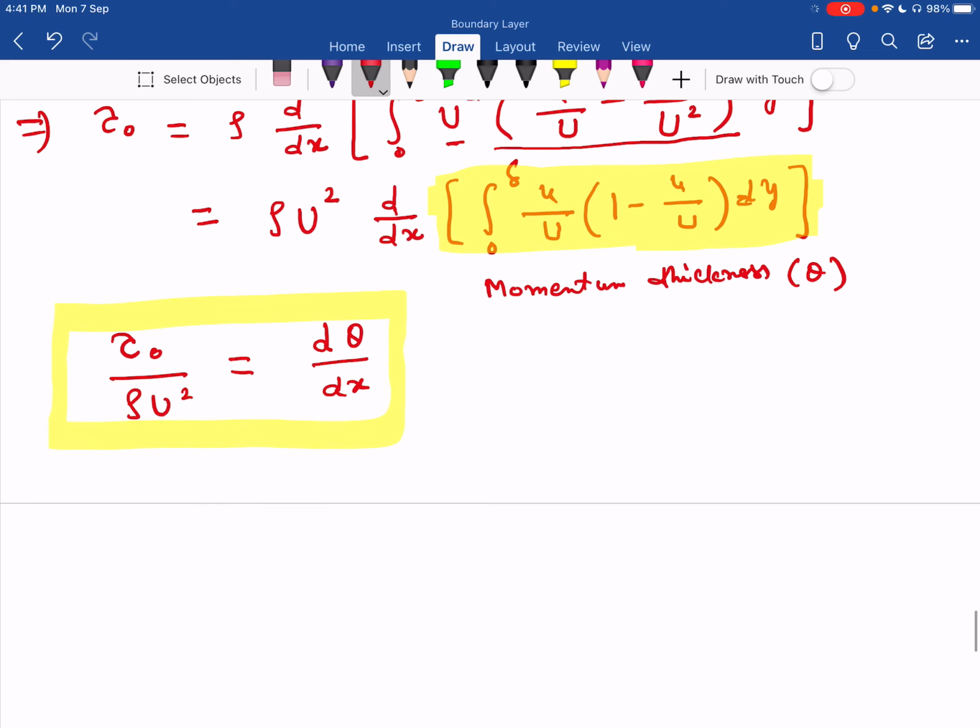So this equation is known as the von Karman momentum equation.